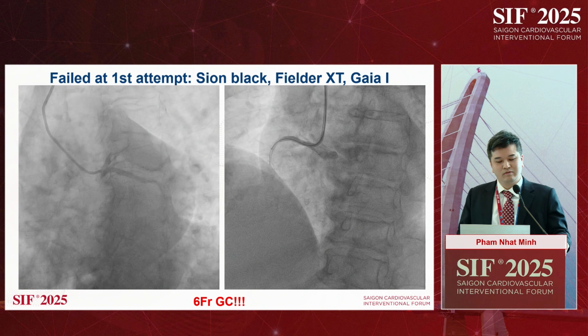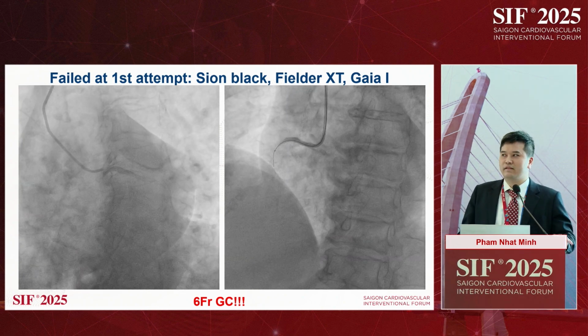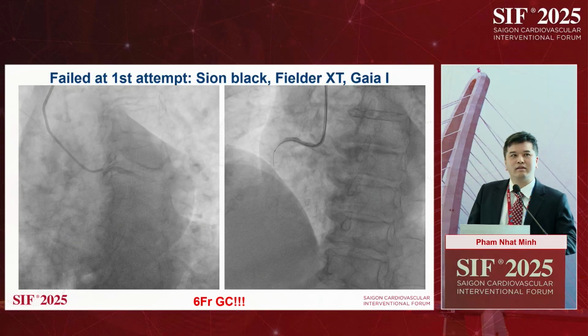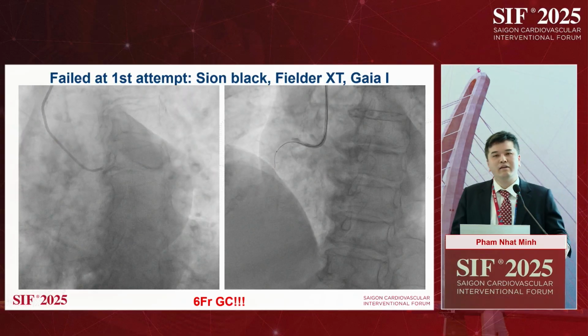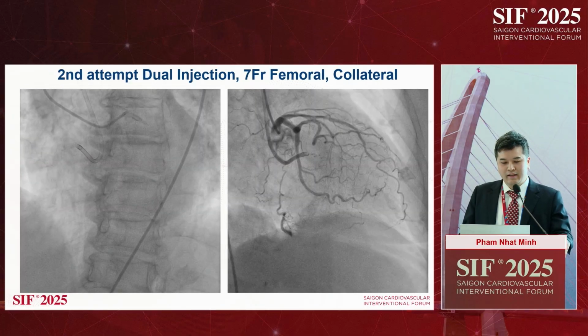You can easily understand the result: after an hour and a half of trying with several types of guide wire like Cyan Black, Fielder XT, or Gaia 1, I really failed to recanalize this old lady.